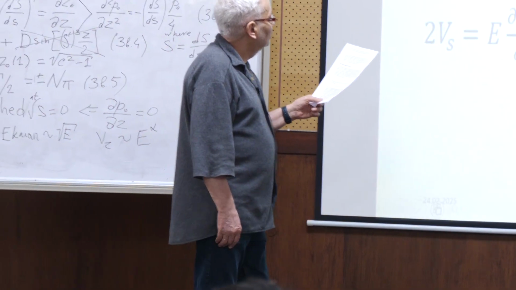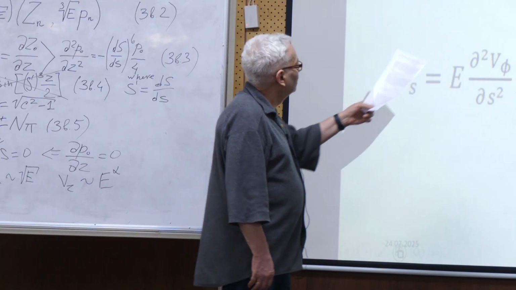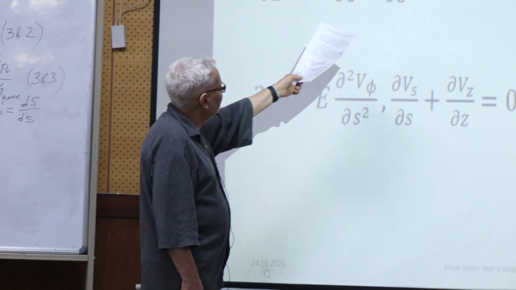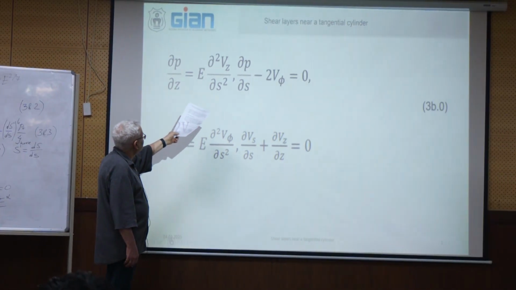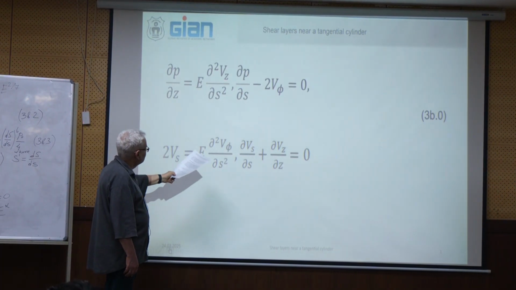We just represent some of the values. For example, in the upper formula we can represent V phi via the P. Then we put this V phi via the P into this formula.